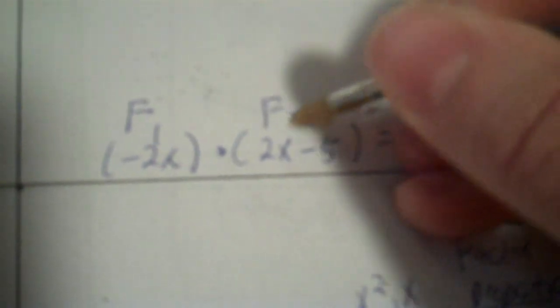Okay, so F1, F2, now you apply the zero product property of your factors. Negative 2x equals 0, 2x minus 5 equals 0. I got times negative 2, so I'll just divide by negative 2, and that's 0.